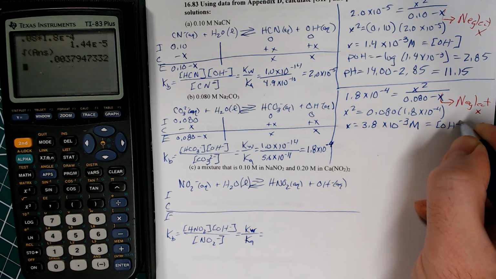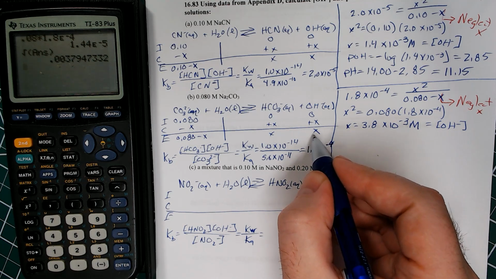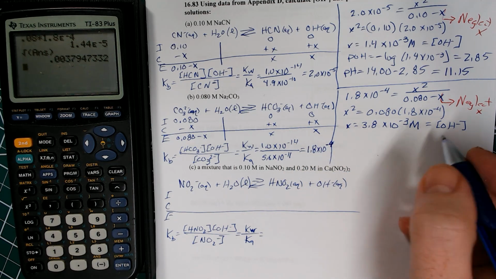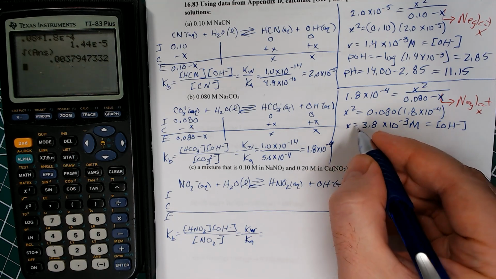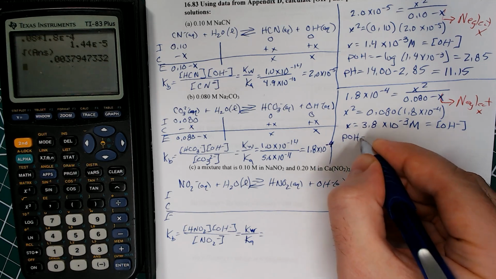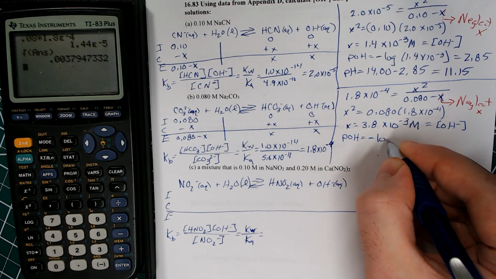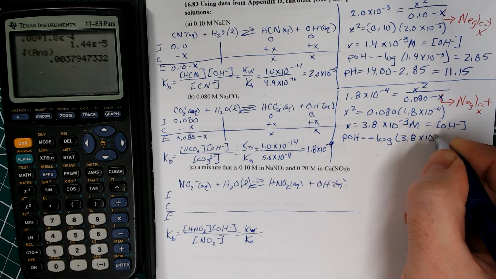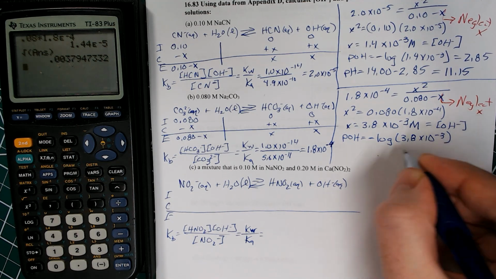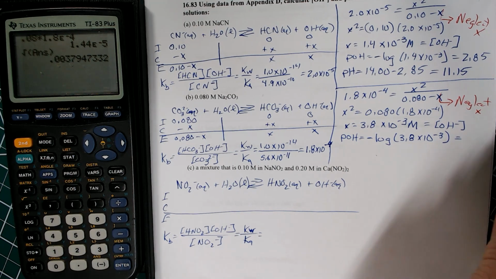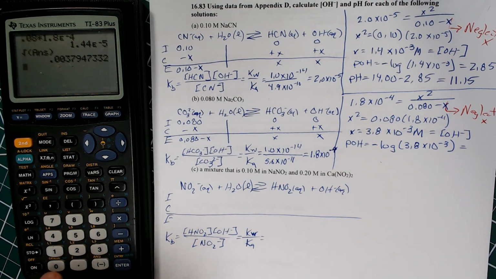All right, that is the concentration of hydroxide at equilibrium. And then we will find that the pOH is going to be the negative log of 3.8 times 10 to the negative 3, and that's going to give us a value of 2 point something. Let's see.